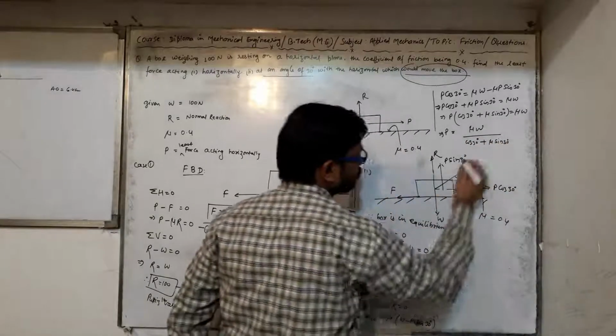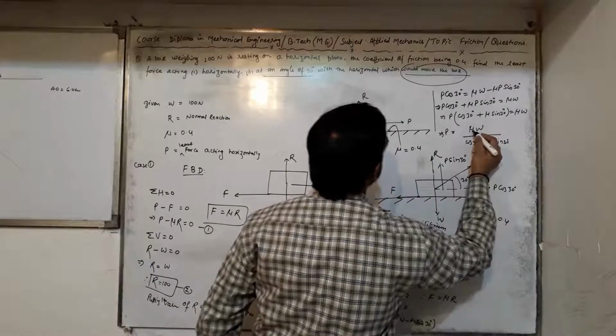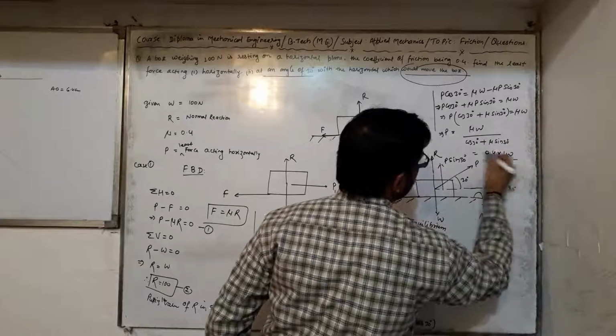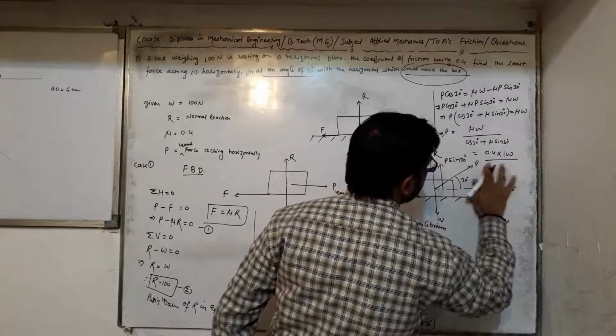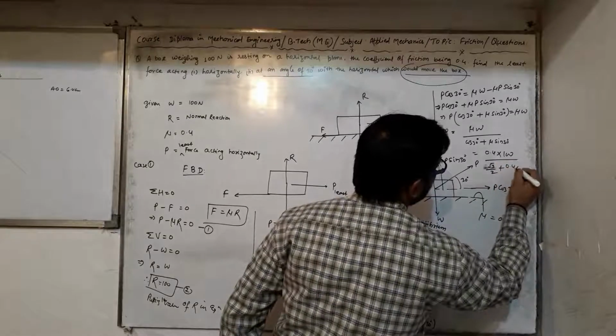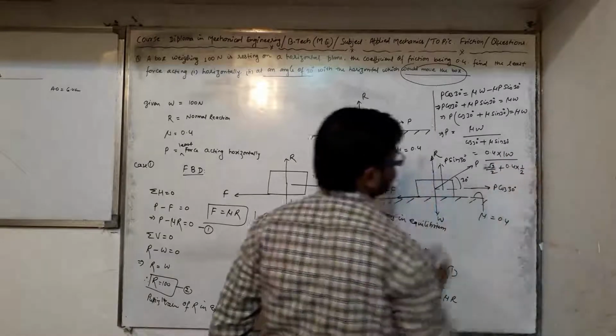Putting in the corresponding values: mu is 0.4 multiplied by W, which is 100 Newton, divided by cos 30, which is root 3 by 2, plus mu, 0.4, into sine 30, which is 1 by 2.